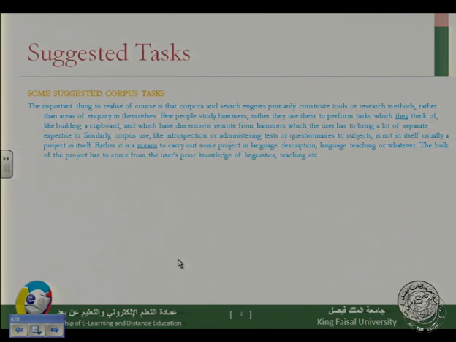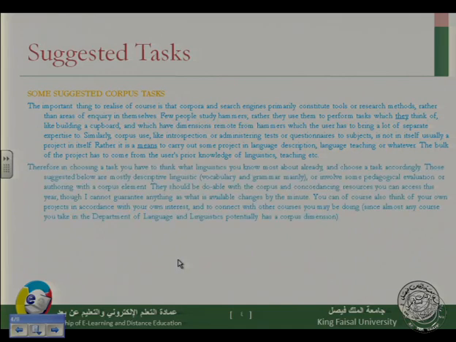You would find yourself not benefiting from the corpus. So it needs prior knowledge of language and linguistics. You have to have a solid background in linguistics in order to be able to use a corpus. So it's a means to carry out some project, not an end by itself.